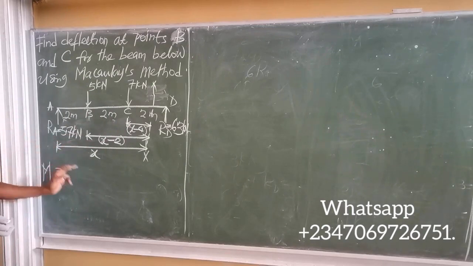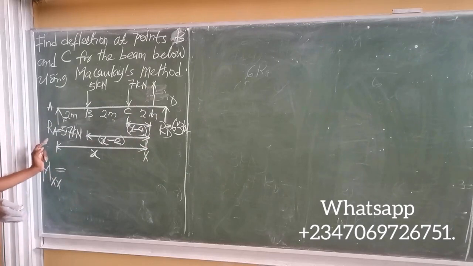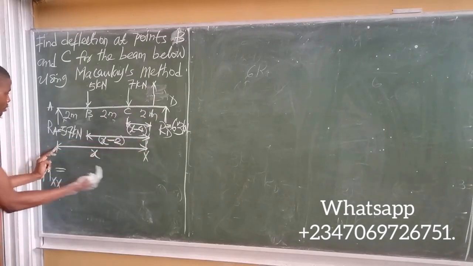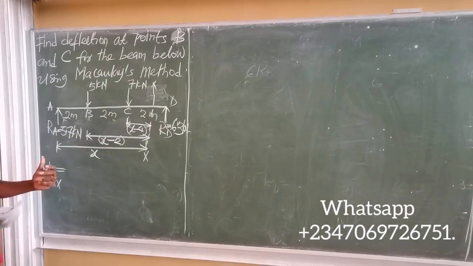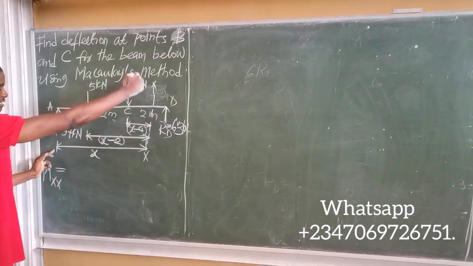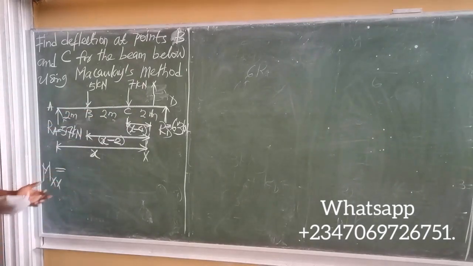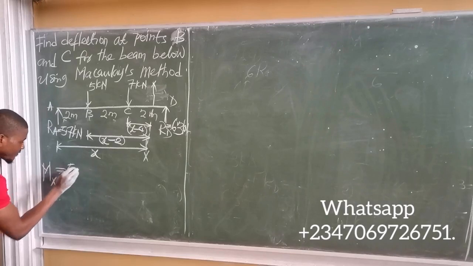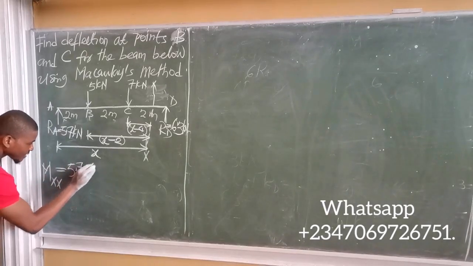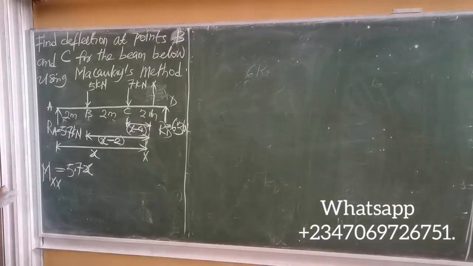The distance of this force about the point of section is still the total distance from point A to the point of section, because this force is directly at point A. That's the reaction at A. The distance it takes this force to get to the point of section, that is xx, is simply x meters. Therefore, the moment of this force about that point becomes simply 5.7 times x, which is 5.7x.